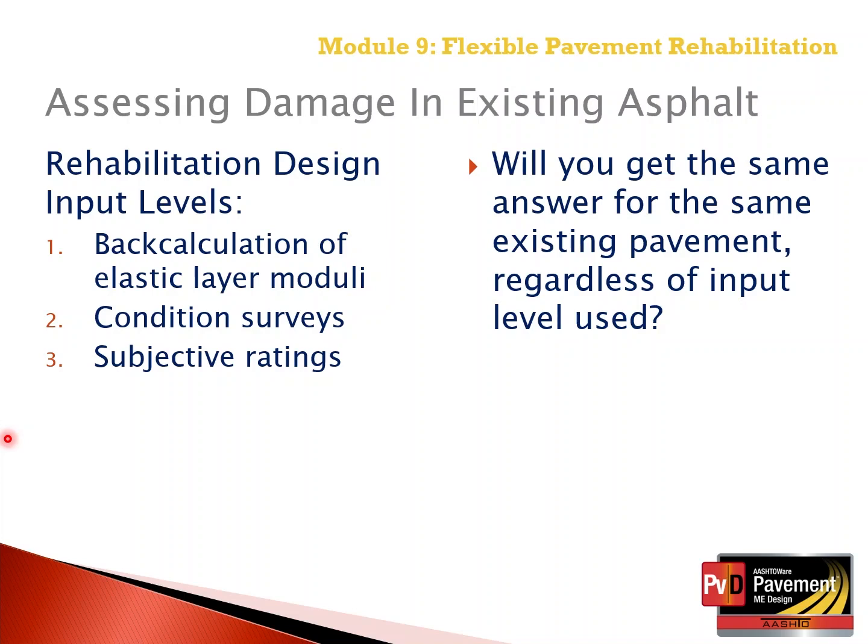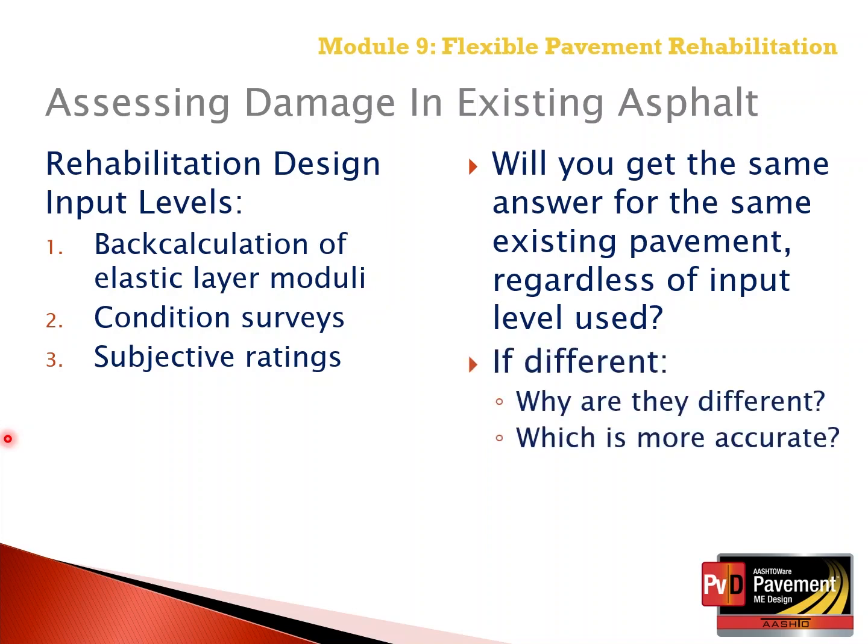So if we use input level 1 to back calculate, but we also have measured bottom-up or alligator fatigue cracks at the asphalt surface, and we use both of those on the same project, will we get the same answer for the same existing pavement regardless of input level used?